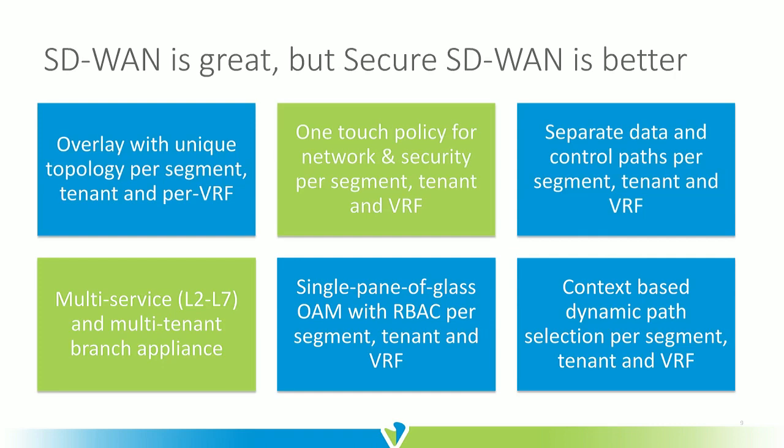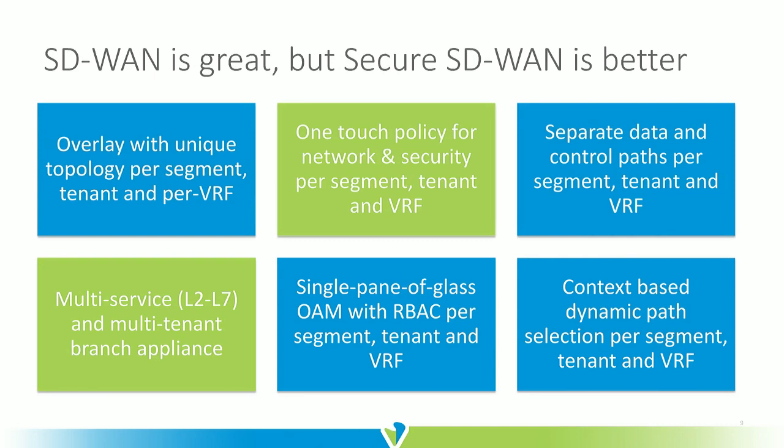Multiple services from switching all the way up to application-aware firewall capabilities or a full-blown UTM suite. Having a single pane of glass for operations, administration, and management with RBAC, role-based access control, on a per tenant and per segment basis.